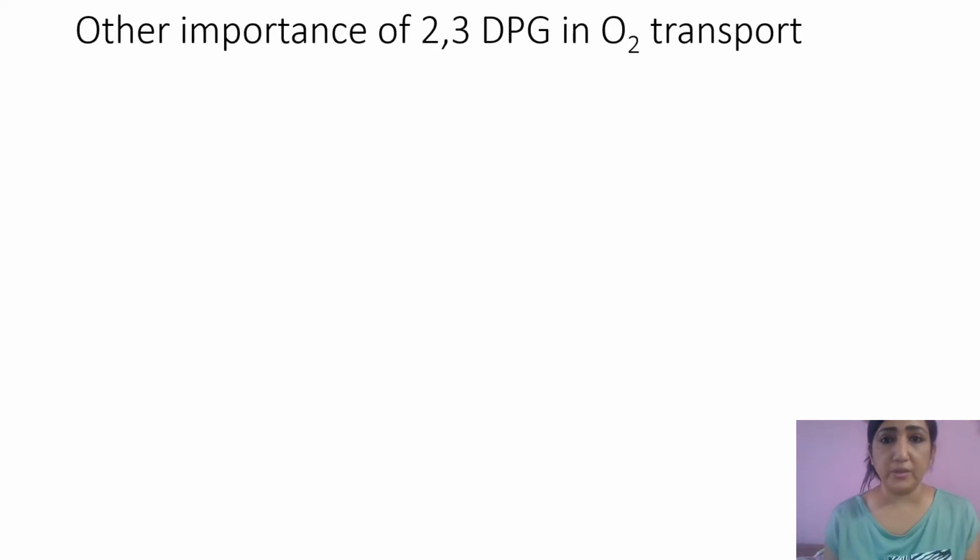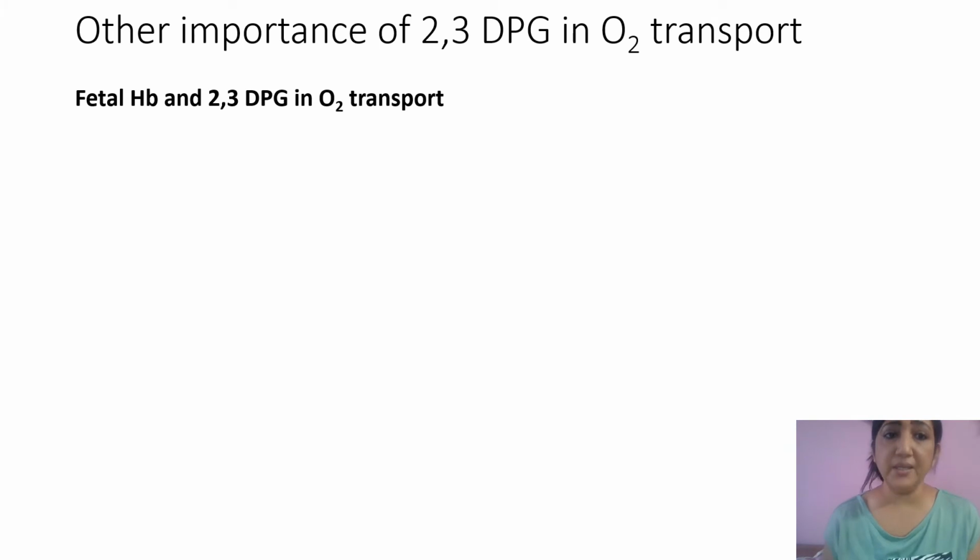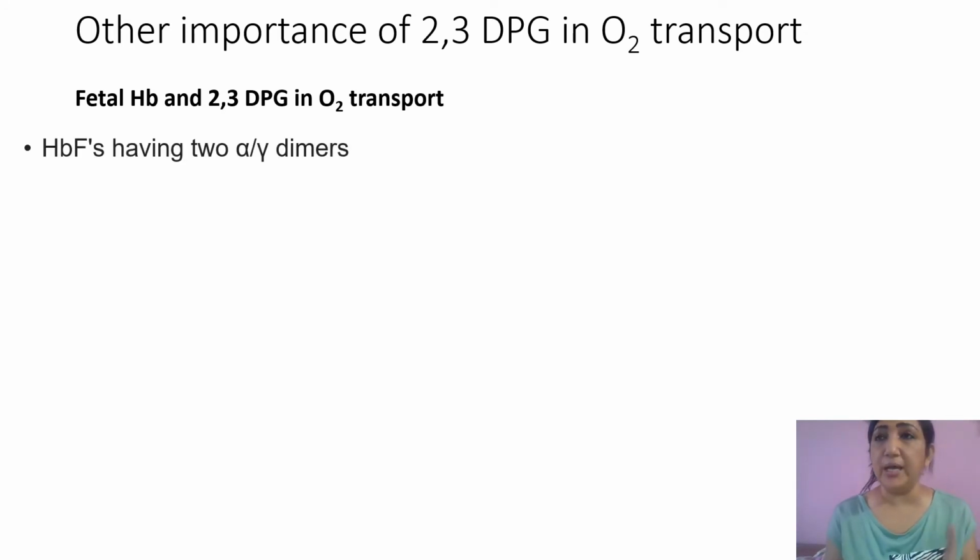Now, the other importance of 2,3-DPG in the blood is for oxygen transport in the case of fetal hemoglobin. As we know, fetal hemoglobin is not alpha 2 beta 2. Instead, it is alpha 2 gamma 2. In the last slide we discussed that the beta chain has a high affinity towards 2,3-DPG, which allows the oxygen to unload. But instead of beta, there is gamma.